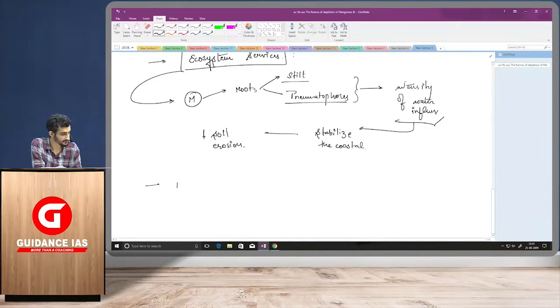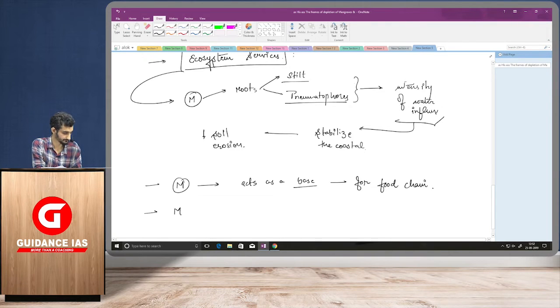Again, mangroves, as we can see, form the base of the food chain in that ecotone area. Ecotone is a transition between two ecosystems. So mangroves form at the junction when we proceed from terrestrial ecosystem towards marine ecosystem, then there exists an ecotone on which mangroves can be found, and therefore they act as a base for the food chain in that area.